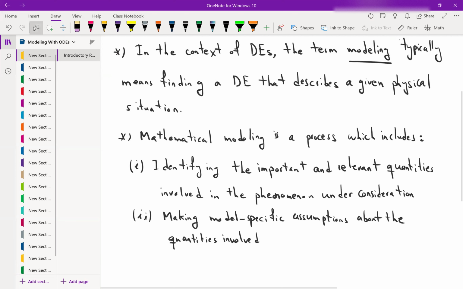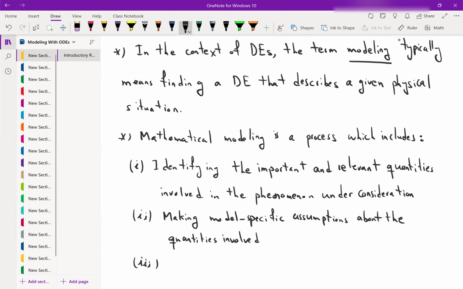And the third stage, after you identify the variables of interest, after you clearly state the assumptions that you're making in your model, then you can develop the equations, derive the equations that describe the phenomena that you are studying.